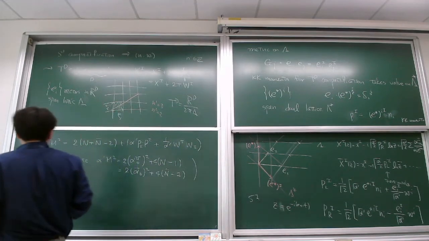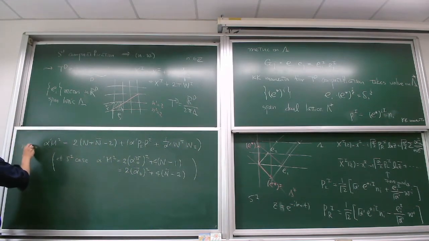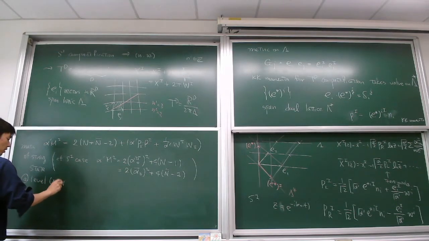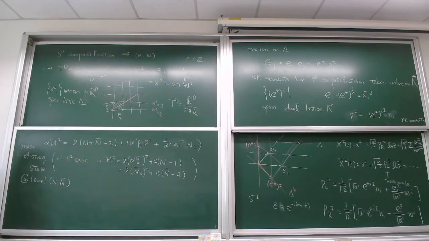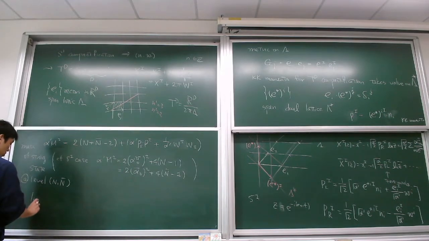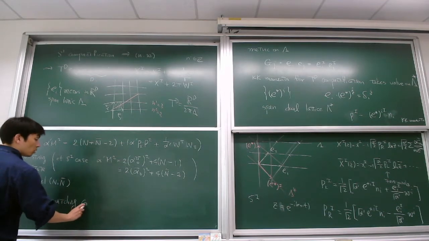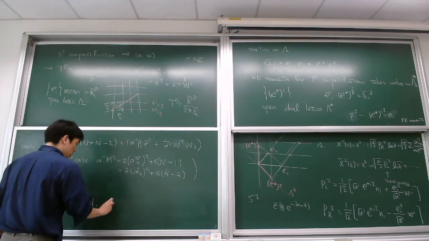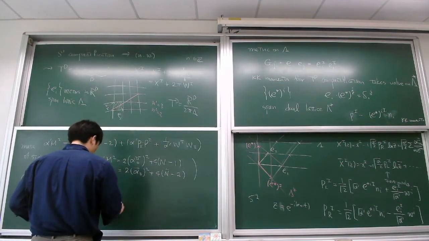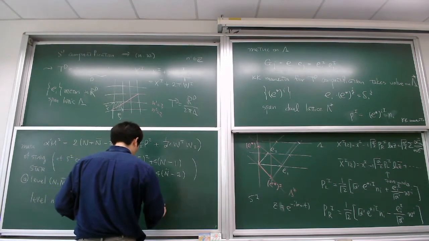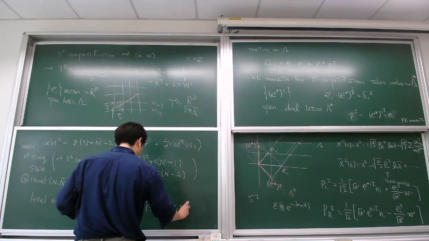And the level matching. So this is the mass spectrum, the mass of the string state at level N, N bar, and then the level matching condition is N minus N bar is equal to p_i dot w^i, which is n_i w^i.